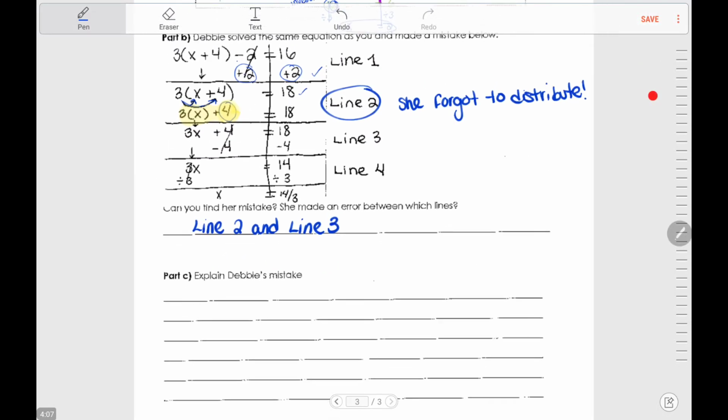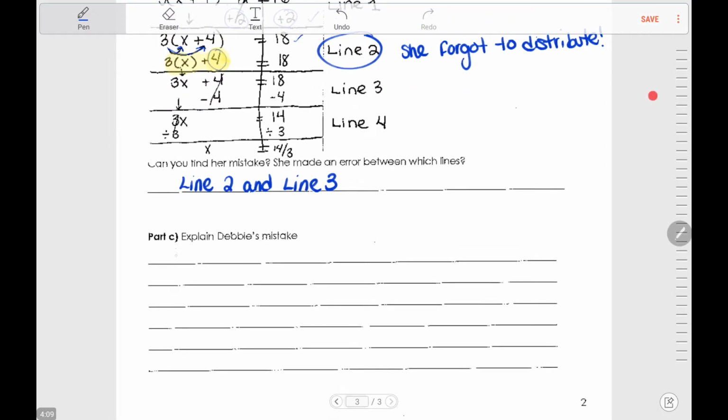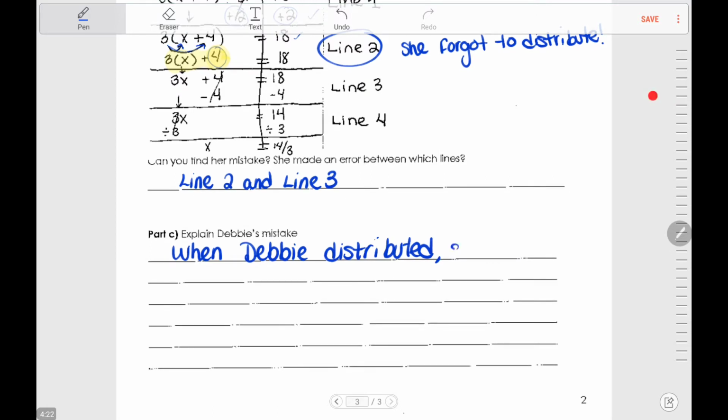Okay, and then it wants us to explain. We already started to do that. So when Debbie distributed, she forgot to put the 3 with both terms.